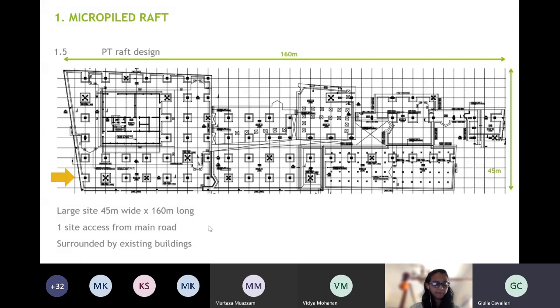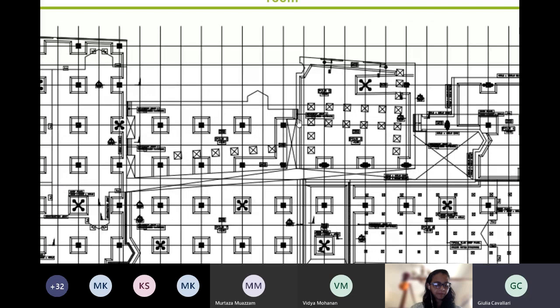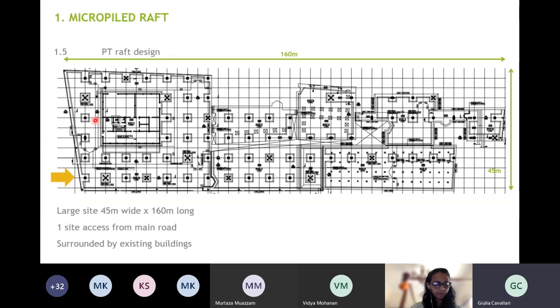You may see, if I zoom in, these crosses on boxes, and this is the location of the ruins. So there are quite a lot across the site. These are all the ruins that had to be preserved. So we had to work around these challenges and come up with a construction sequence that was satisfactory for the contractor.